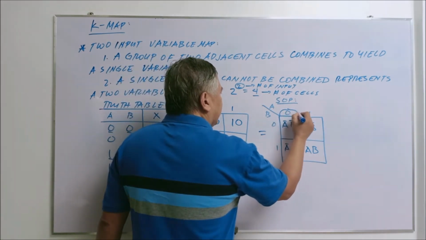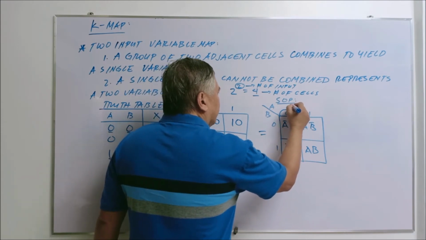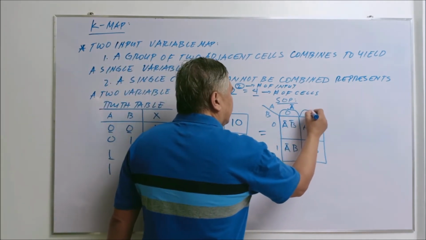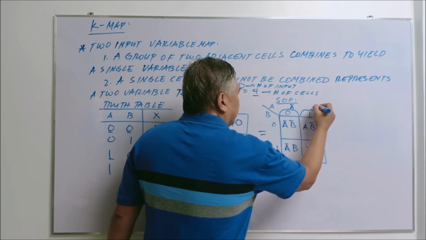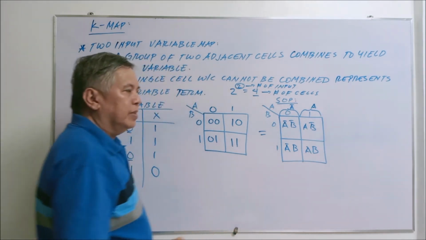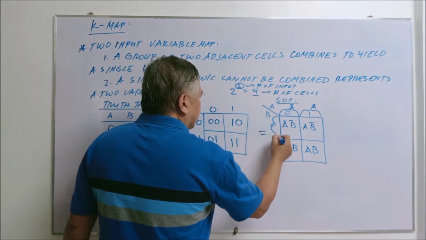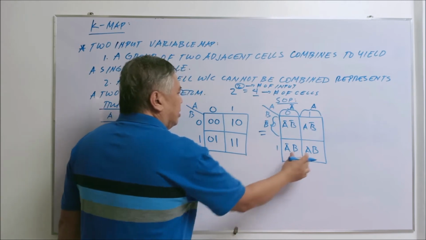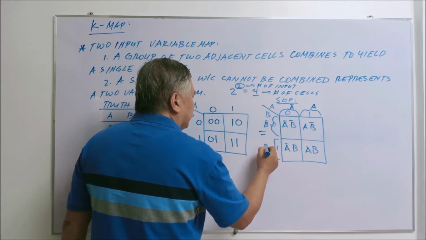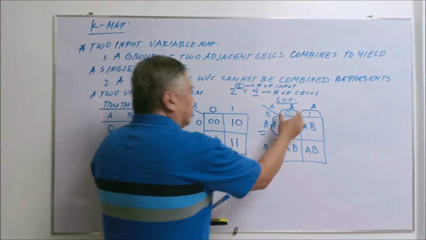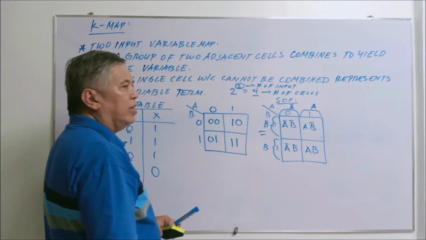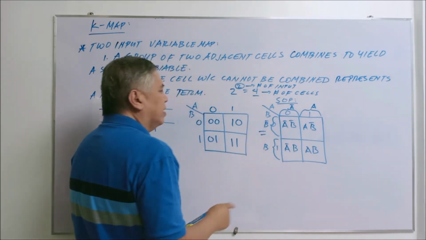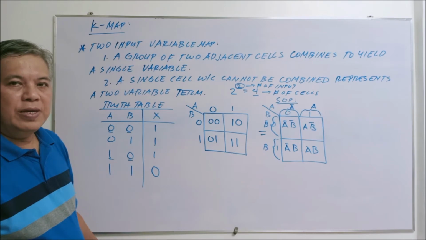So these two cells belong to A bar, and these two cells here, the common is A. Then these two cells here, the common is B bar, and these two cells, the common is B. So in other words, this region is under A bar, these two cells or region are under A, these two cells are under B bar, and these two cells are under B. Okay?